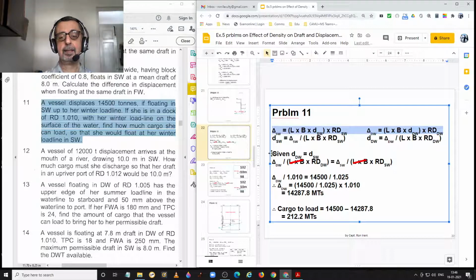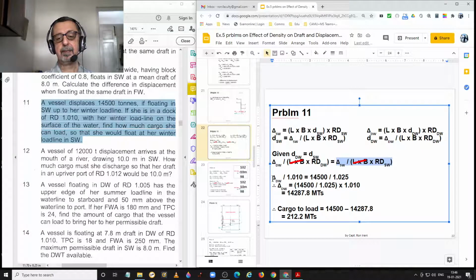We know that the drafts in dock water and salt water are the same. Therefore, displacement in dock water divided by length into breadth into relative density of dock water will be equal to displacement in salt water divided by length into breadth into relative density of salt water.